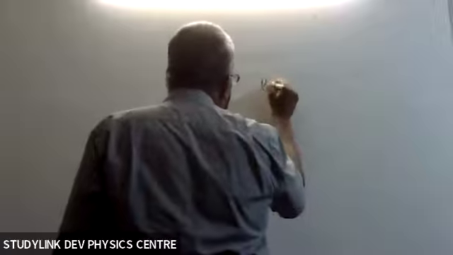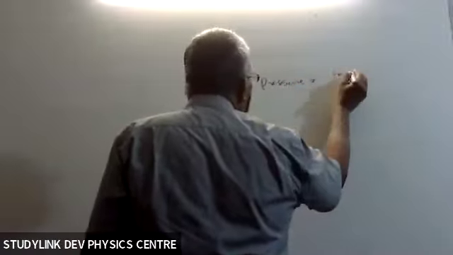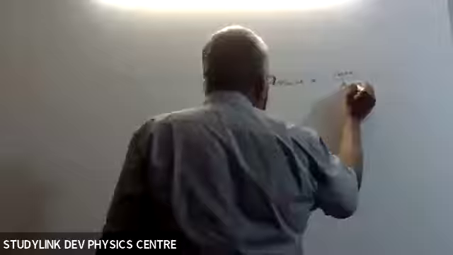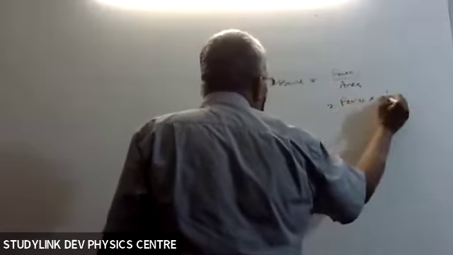pressure, but it is not a vector, but it seems to be a vector according to this. Pressure is force divided by area. That is force into 1 over area.